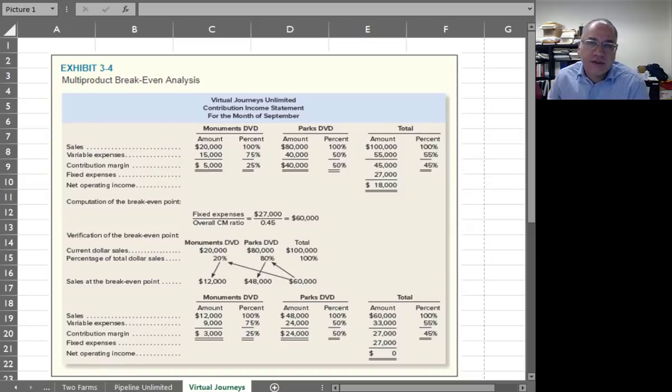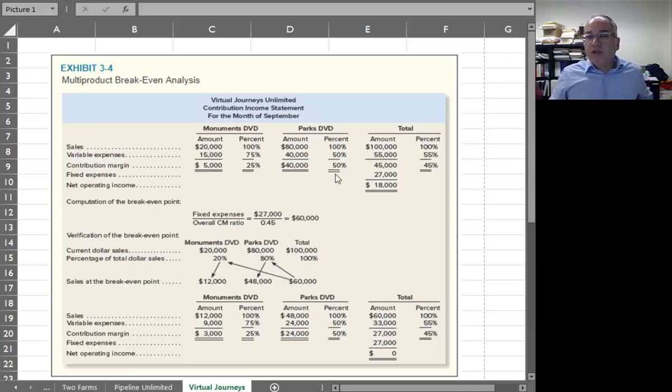Virtual Journeys Unlimited sells two products, the Monuments DVD and the Parks DVD. The Monuments DVD has a 25% contribution margin, and the Parks DVD has a 50% contribution margin. And here you can see the detailed information about where all this comes from.